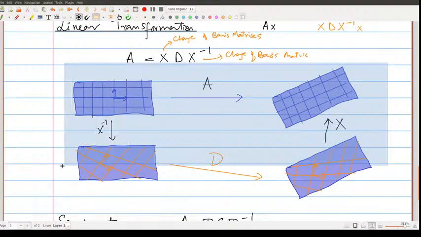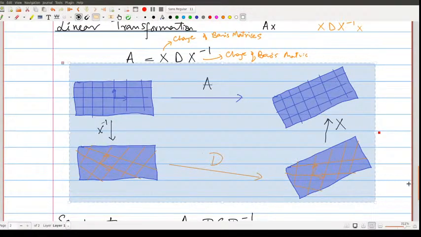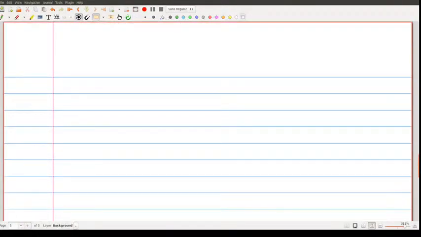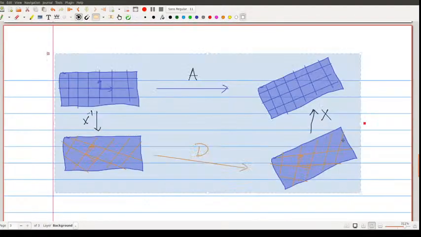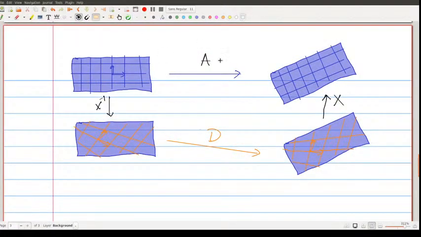The same kind of story will play out, in which I can just take this whole diagram that we have made. Really what's going to happen is that this transformation, instead of going from x inverse, D and x, will turn into B inverse, C and B. So A equals B, C, B inverse, and notice that the order is different, because when you multiply, you start off multiplying from this side.